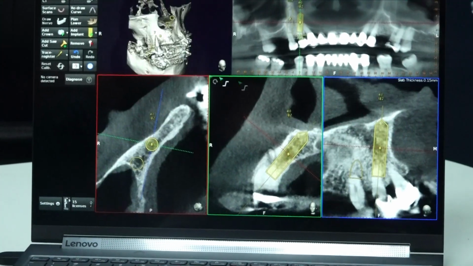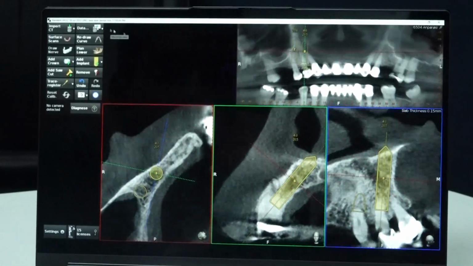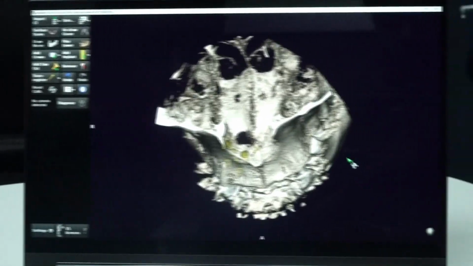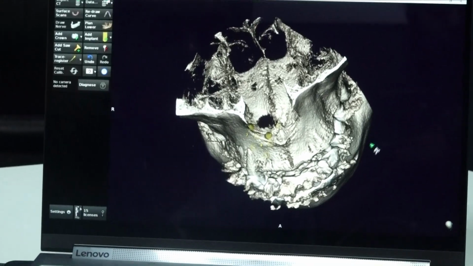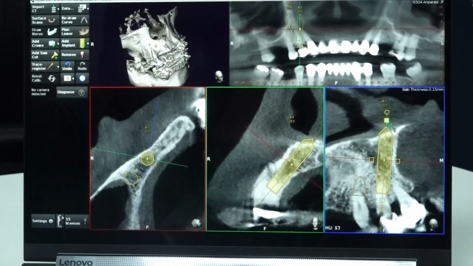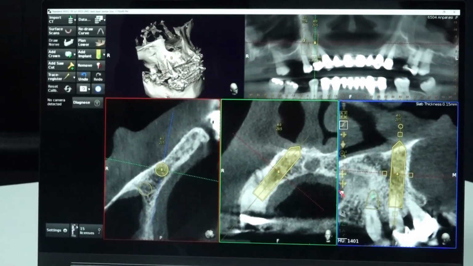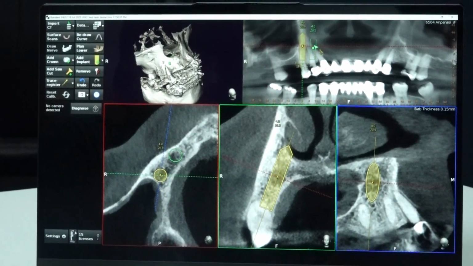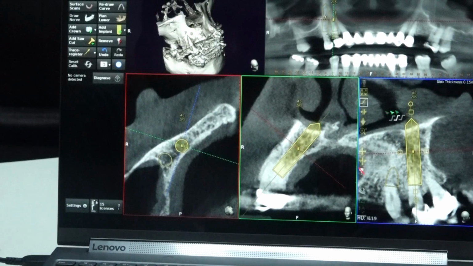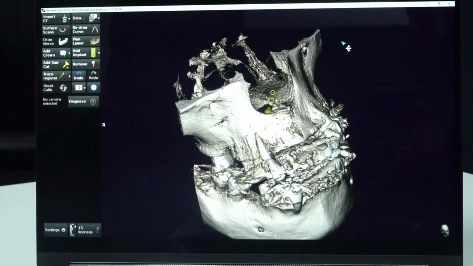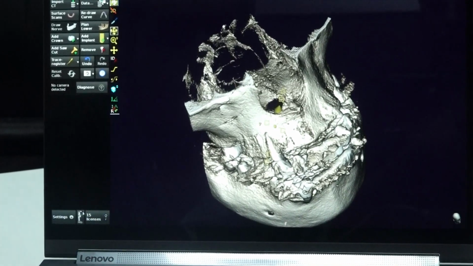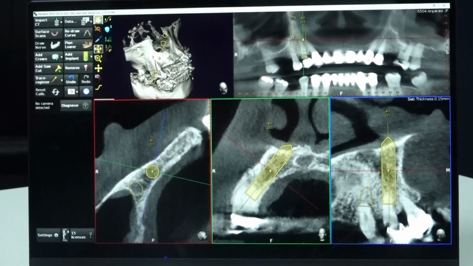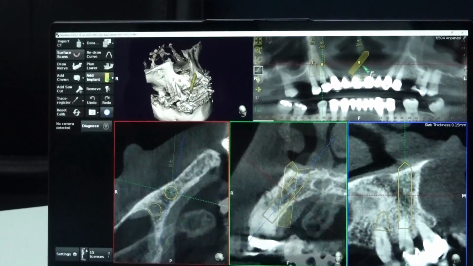We will extend into the nasal floor now. And one more implant in the 1-1 area.